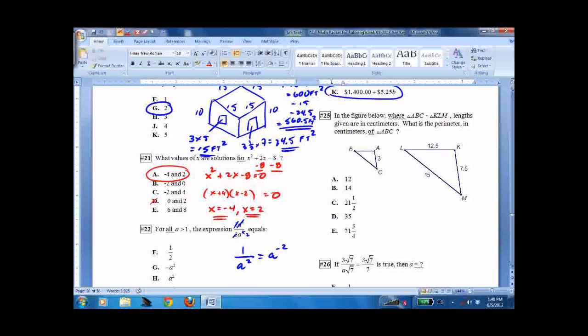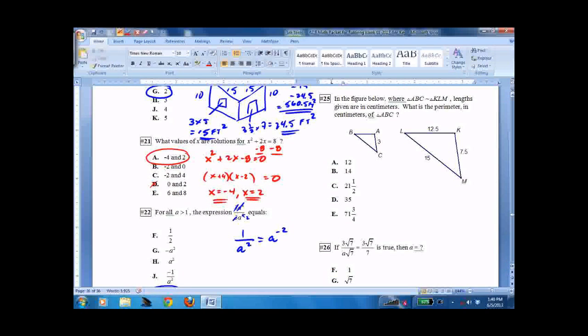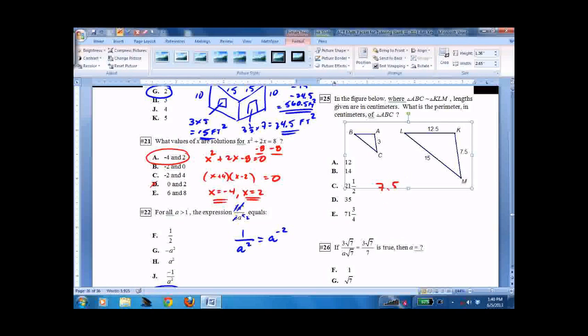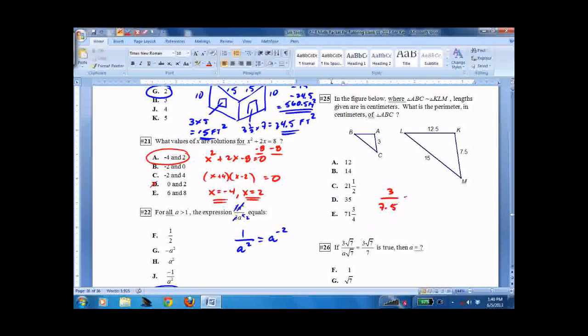In the figure below, triangles ABC and KLM are similar, and lengths are given in centimeters. What's the perimeter of triangle ABC? Well, we've got to find the scale factor. So it's 7.5. I'm going to do this one differently. I'm going to do 3 over 7.5. We know that equals AB over 12.5.